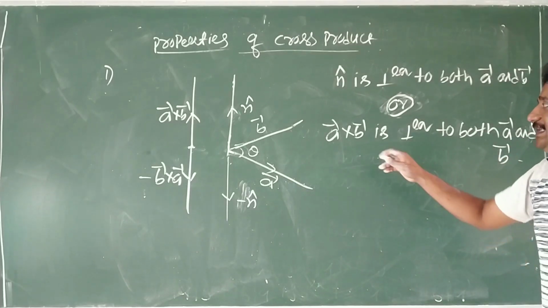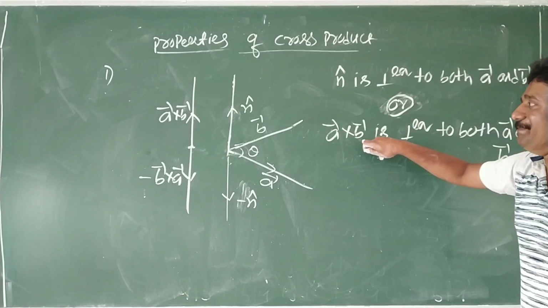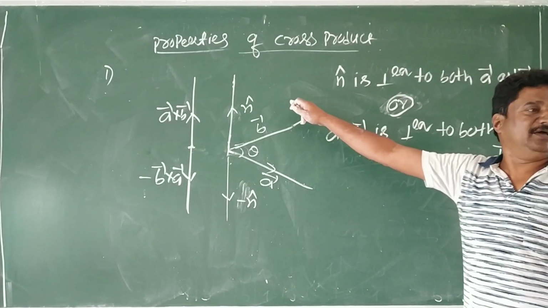So, A cross B is a vector perpendicular to both vector A and vector B.